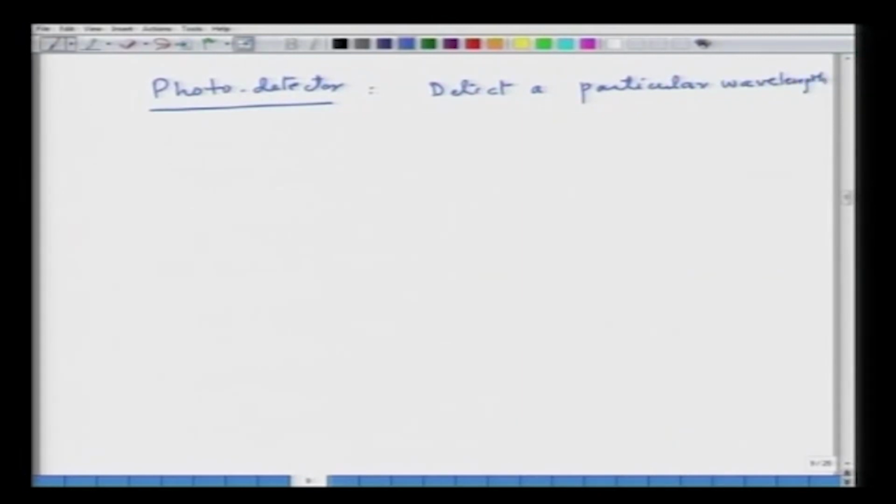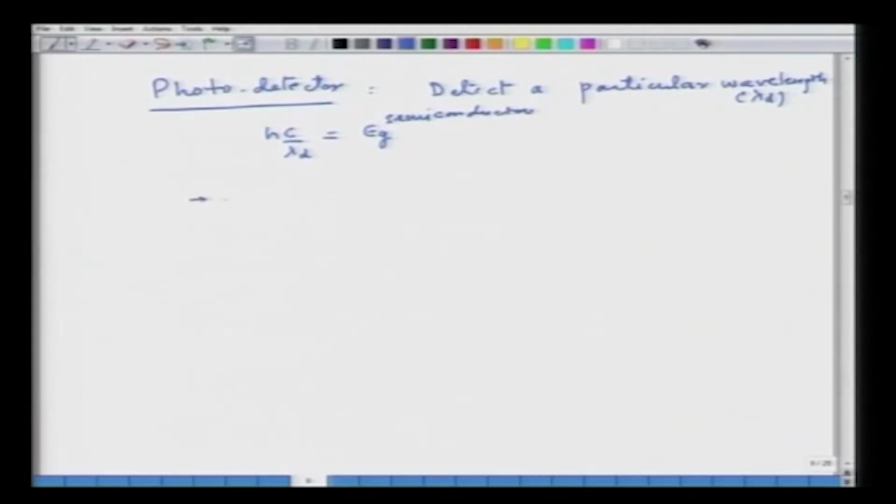And whichever wavelength we want to detect, that wavelength should be equivalent to the Eg of the semiconductor. So, once again the problem is of materials choice.